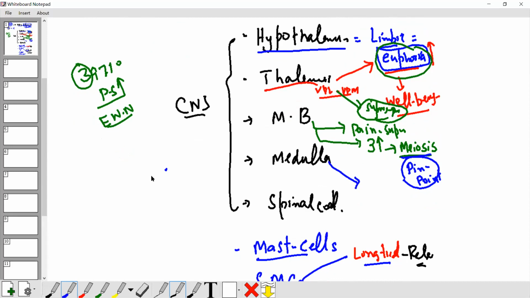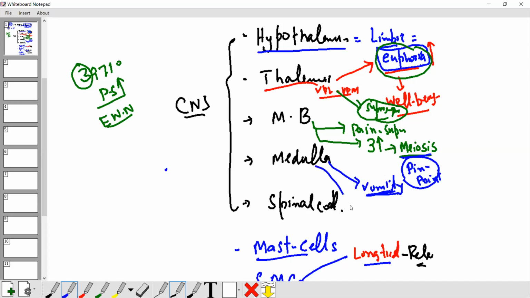Number one thing, vomiting. These drugs induce vomiting. So any time you're using opioid to control pain, you must give an antiemetic with this drug, because this drug can induce vomiting very strongly. Nausea and vomiting is an important side effect here.